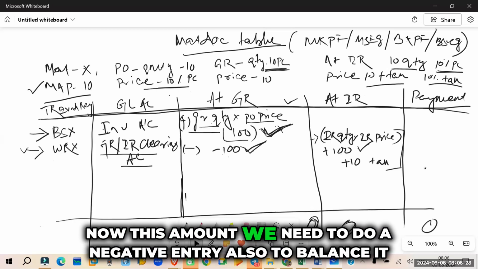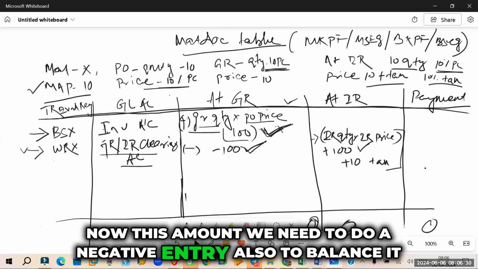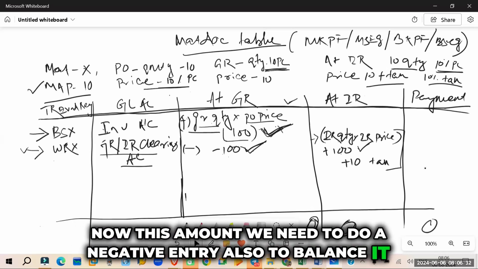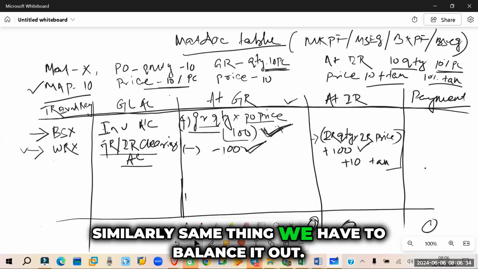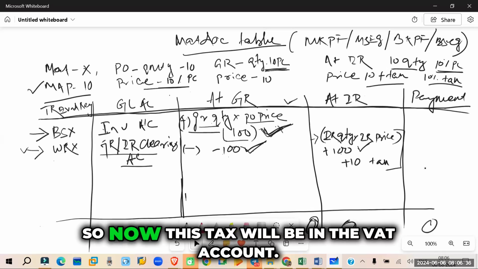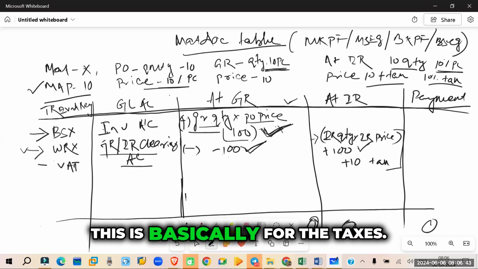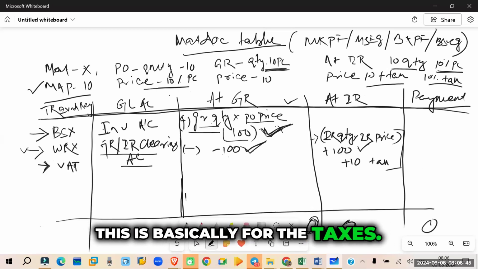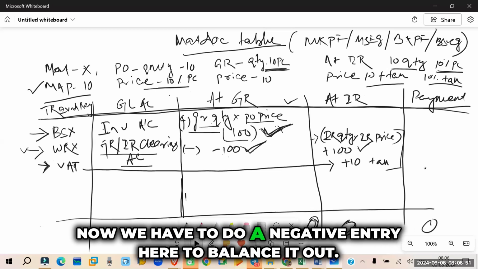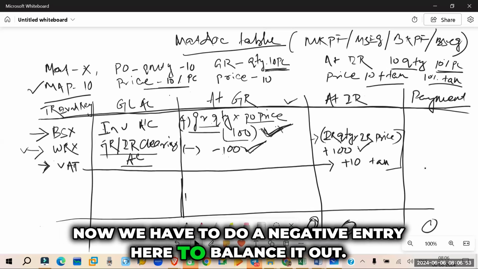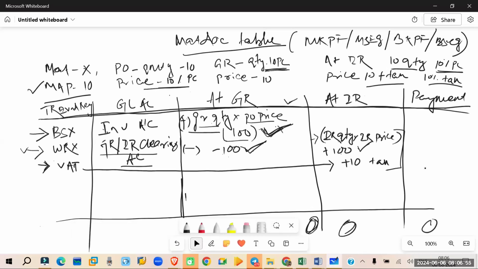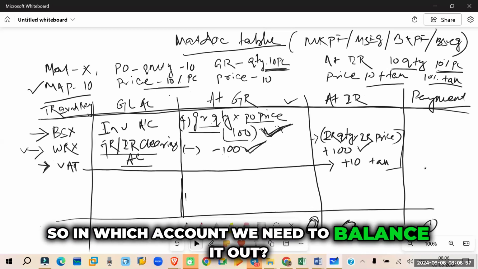Now for this amount we need to do a negative entry also to balance it out. Similarly, we have to balance the same thing out. Now this tax will be in the VAT account, which is basically for the taxes. Now we have to do a negative entry here to balance it out. In which account do we need to balance it out?